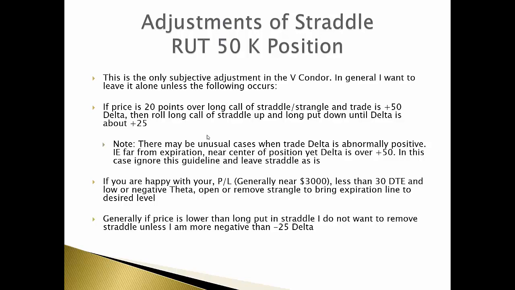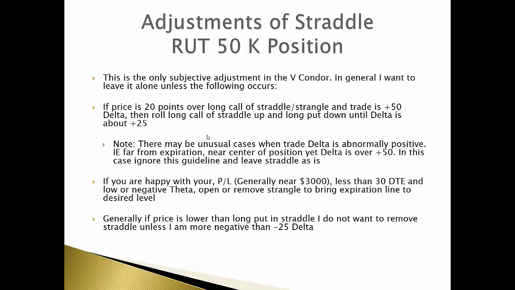In general, what I want to do is leave the straddle alone, unless the following occurs. If the price of the Russell is 20 points over the long call of the straddle, or a strangle, right? Because I might be in a straddle, or later on I may adjust this out to a strangle.